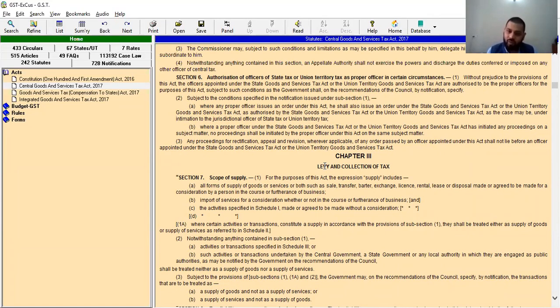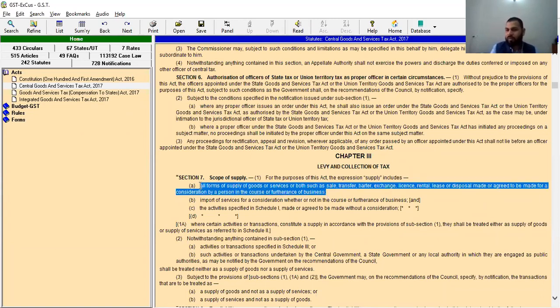Then it also includes import of services for a consideration, whether or not in the course or furtherance of business, and the activities specified in Schedule 1. What is Schedule 1? We'll come to that. So the activities falling in Schedule 1 are supplies even without consideration. As we read earlier, all forms of supply were required to be made for consideration.